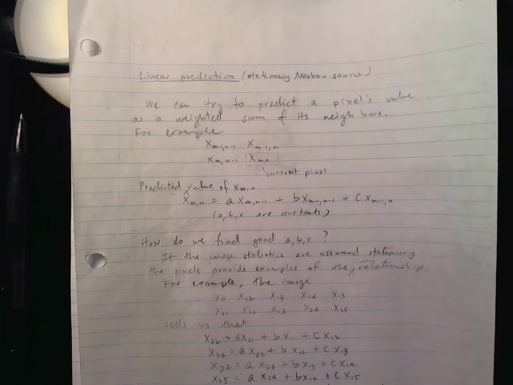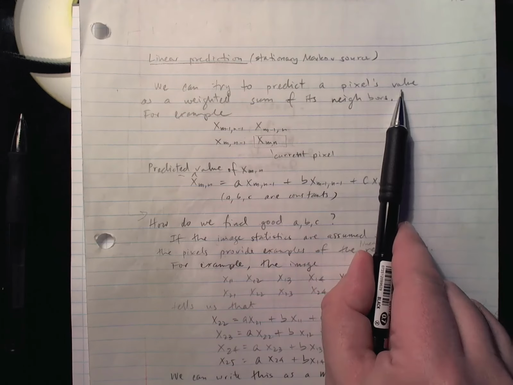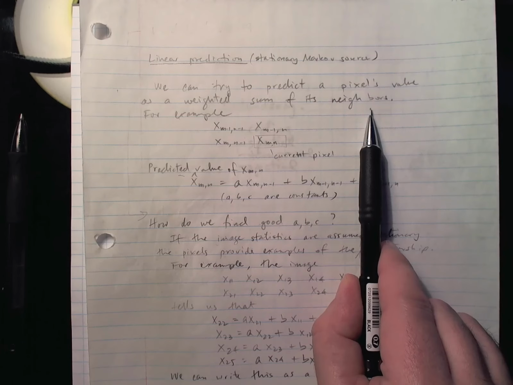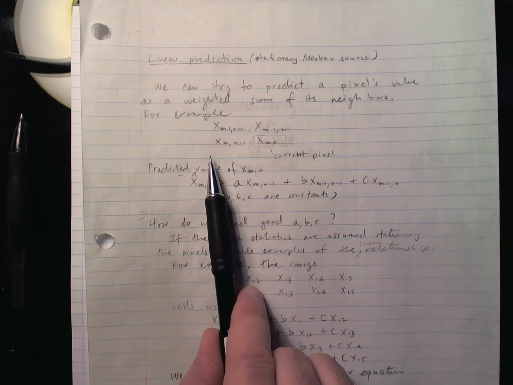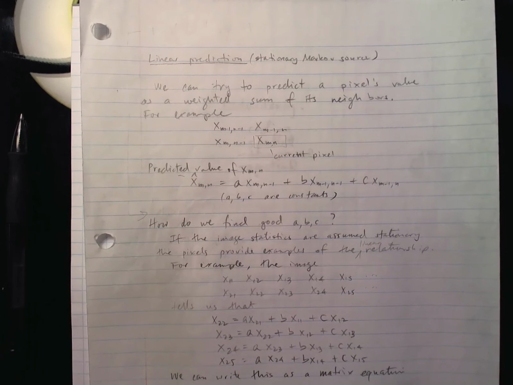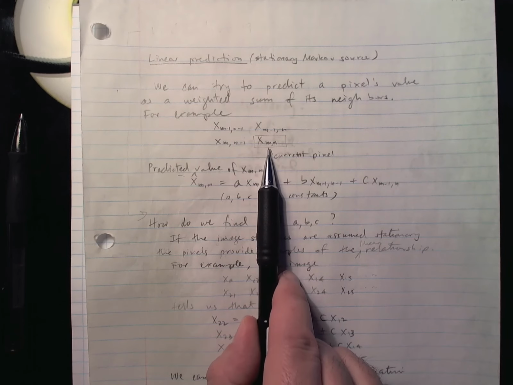In linear prediction, we try to predict a pixel's value as a weighted sum of its neighbors. So for example, let's say that these are 4 neighboring pixels' values, and the one with the box is the current one.